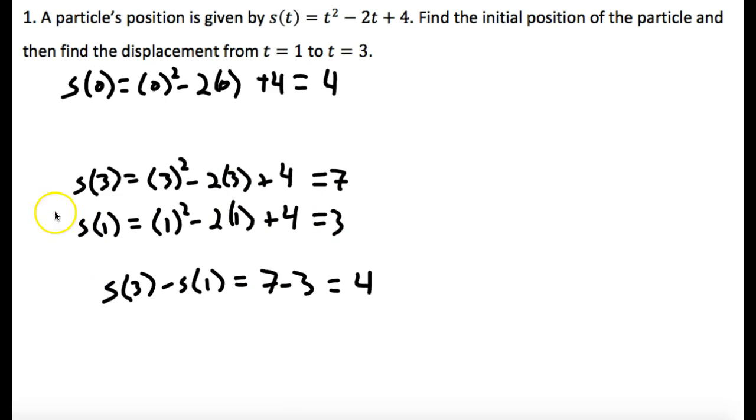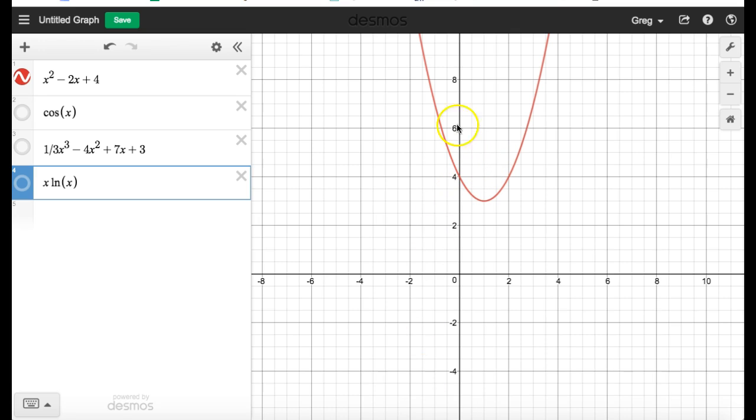Okay, graphically, what we're saying, right? Here's the graph of that function of x squared minus 2x plus 4, or t squared minus 2t plus 4. So that's saying I started 4 units away from the origin. Right? That's my initial position. Well, then I moved towards the origin a little bit. Right?